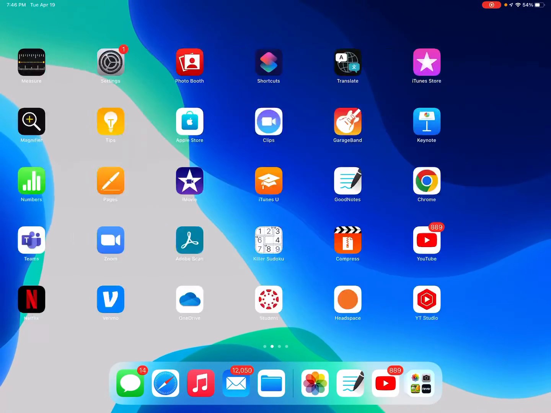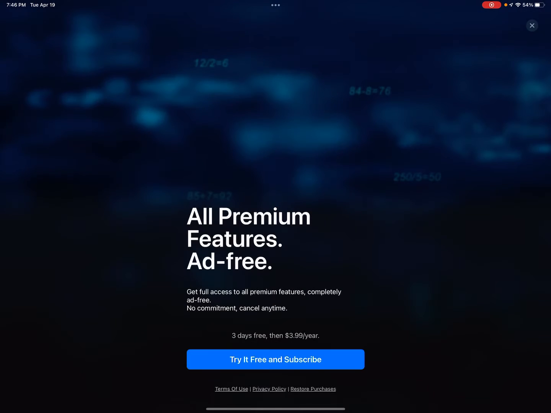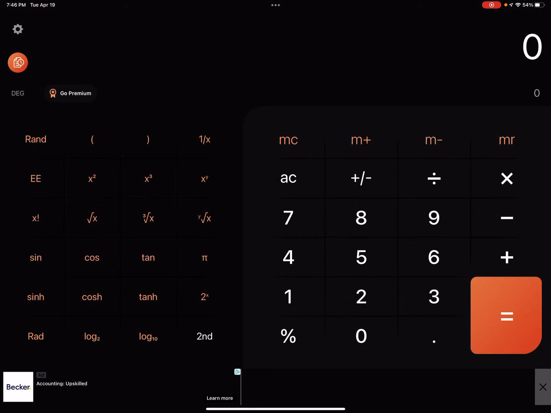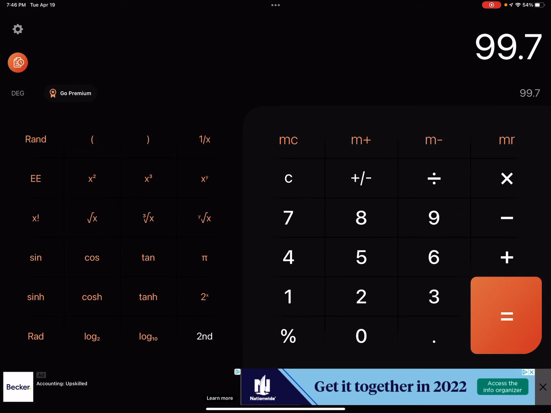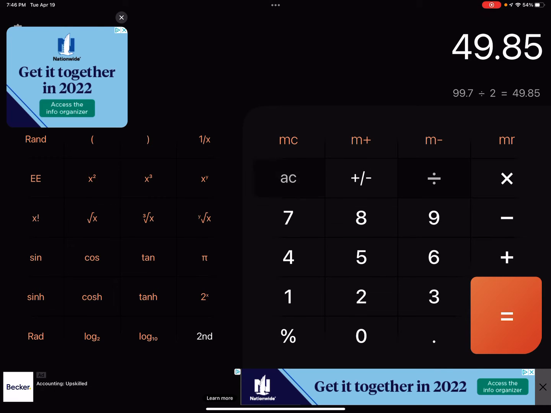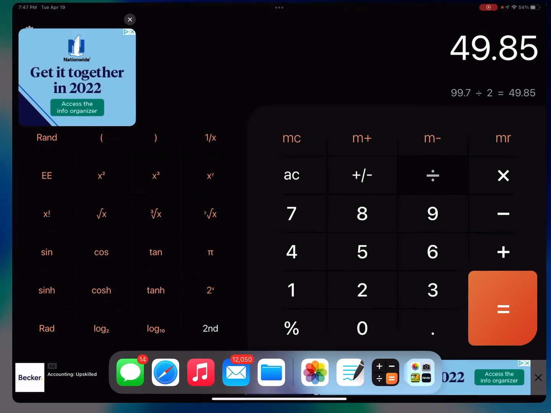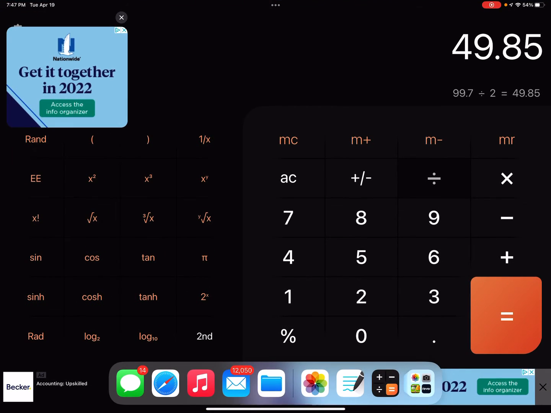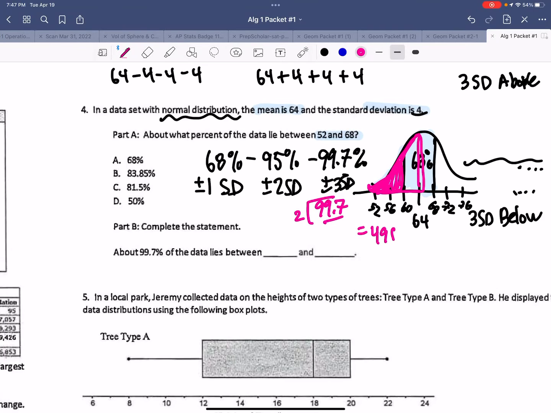So let's get our calculator out. 99.7 divided by 2. Let me do that again. 99.7 divided by 2. That's 49.85. Okay, so 49.85 is this whole thing. And then I still need to add in the other half of the 68%.